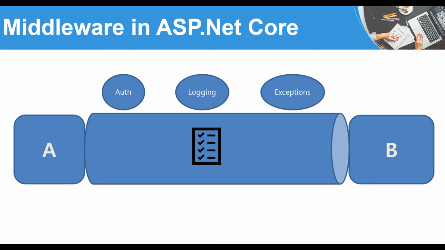And when this processing is done, this logging middleware will then send the request further to the next middleware in the pipeline, which in our case would be the exception handling middleware. So if we have a problem, for instance, a request for a page that doesn't exist or an endpoint that doesn't exist, we can choose to terminate the request here and the response will be generated and sent to the client via point A.